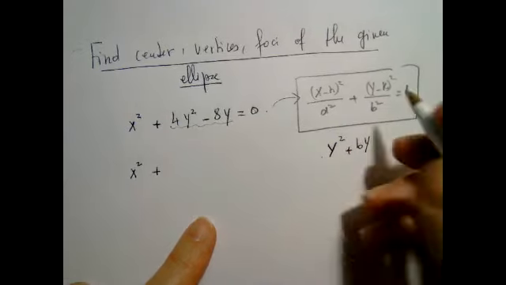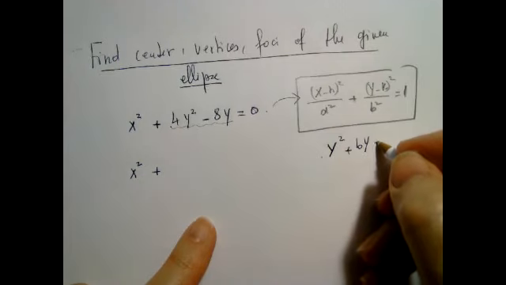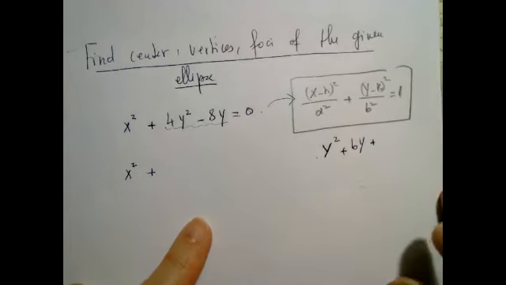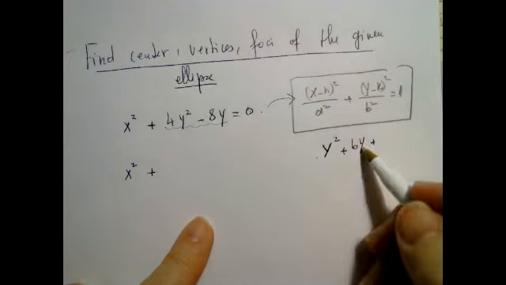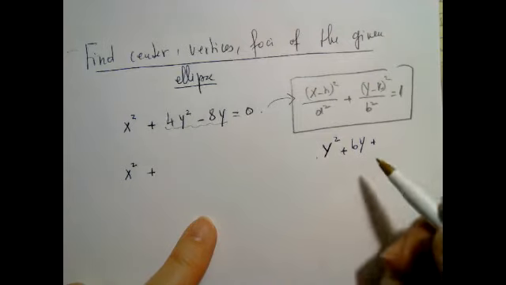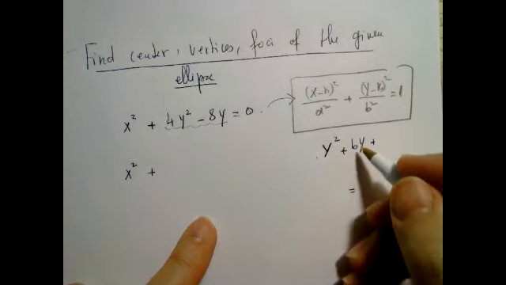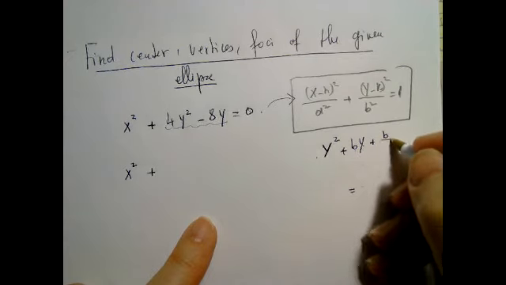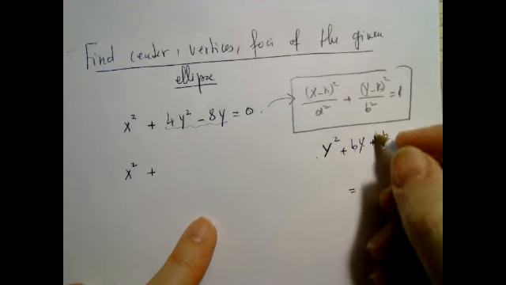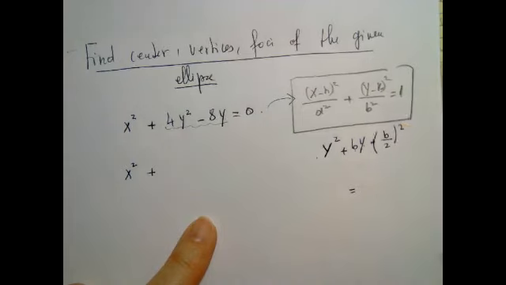And you want to complete the square. Do you remember what we add and what we subtract? You must have, because we've done this for integration. What do you add and what do you subtract to complete the square? We take the coefficient of y, divided by 2, and we square it.